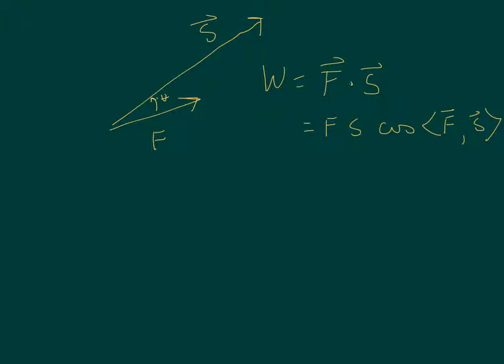And essentially what we are doing is getting the component of F that lies along S. If we write this as F cosine theta, then times S, we are just getting the component of F that lies along S.